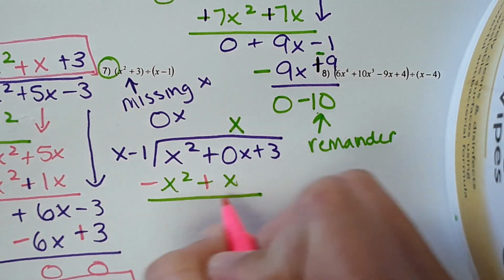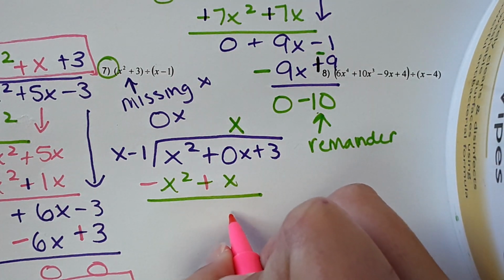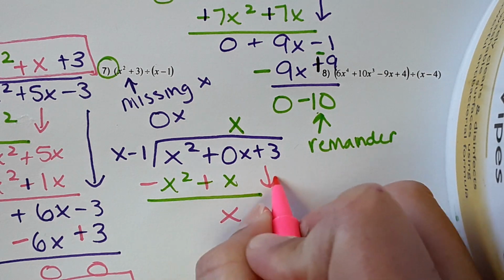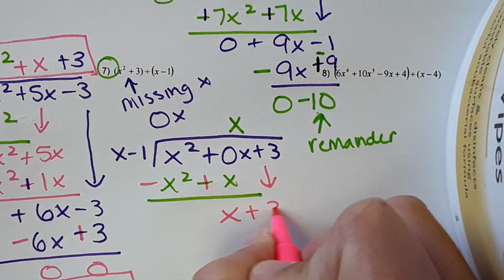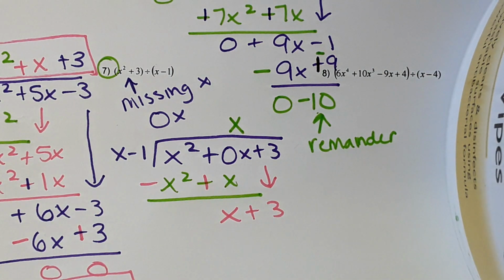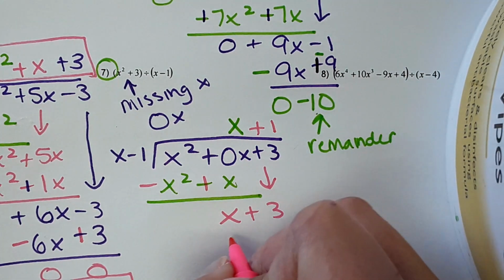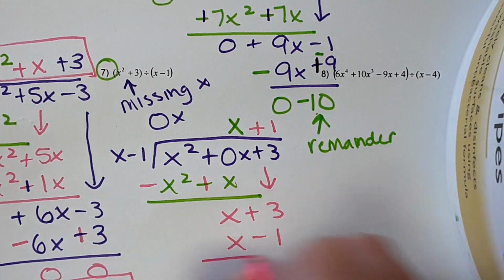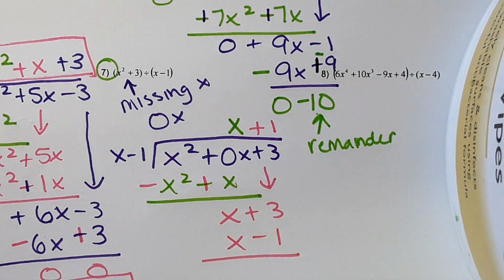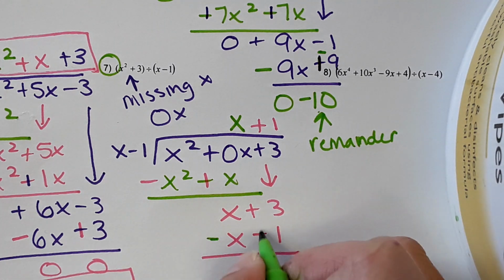Subtract. And I just get x. And then x times what would equal x? It would just be 1. So plus 1. Subtracting.